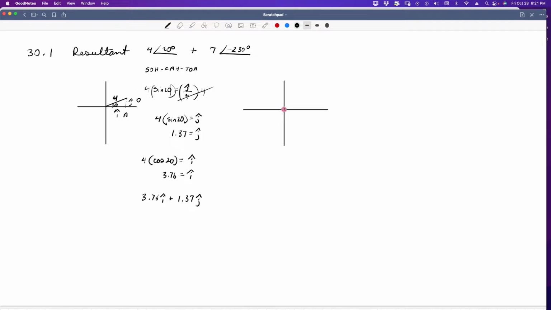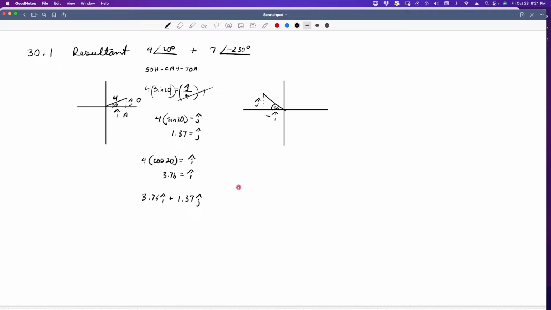So that's going to be about right here. This is going to be a positive j because it's the y-axis and it's above the x-axis. But this is on the negative side of the x-axis, so this is going to be a negative I.